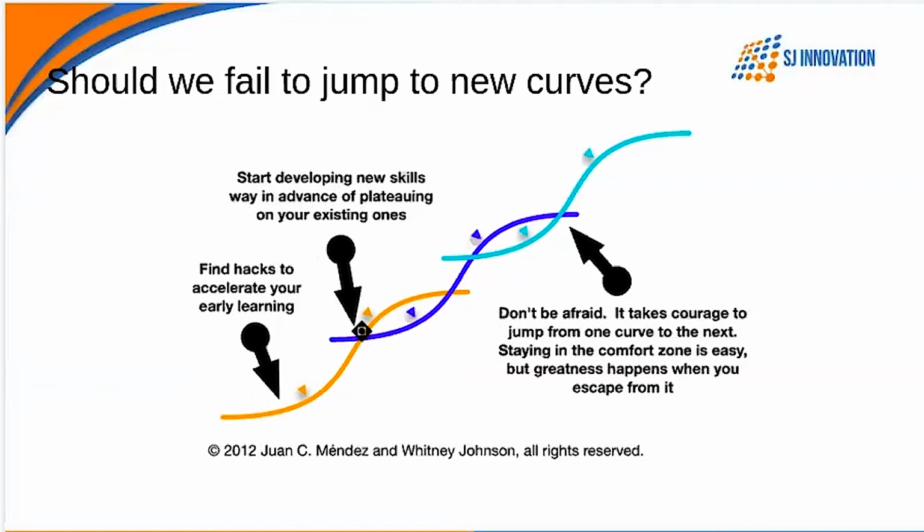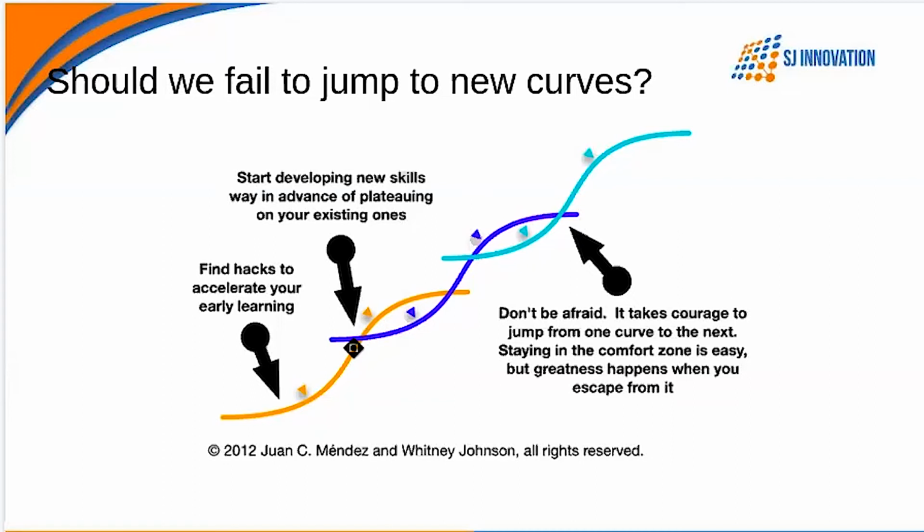So this is one point here, then this is one point here. Now this intersection is right before we have reached the top of the master or the beginning of the mastery curve. So what it indicates is that we should start developing new skills just before we reach the mastery stage.